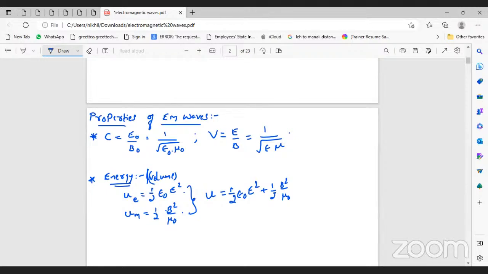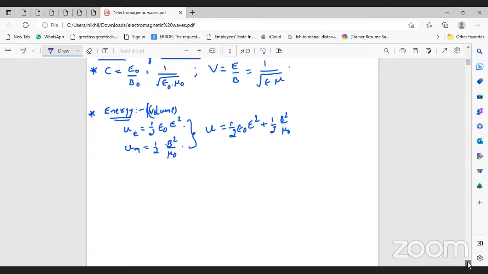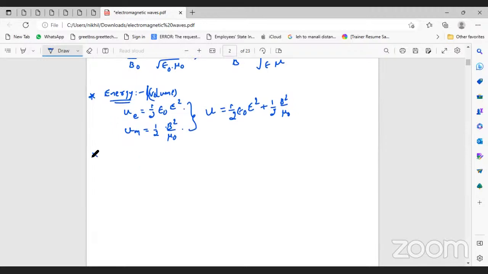electromagnetic waves. So let me take up the third important property, that is intensity.